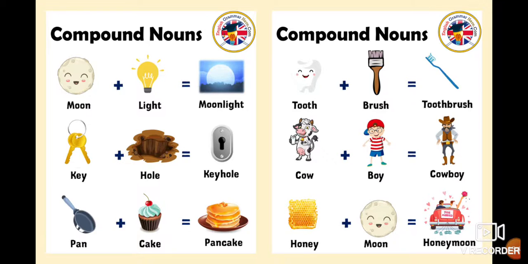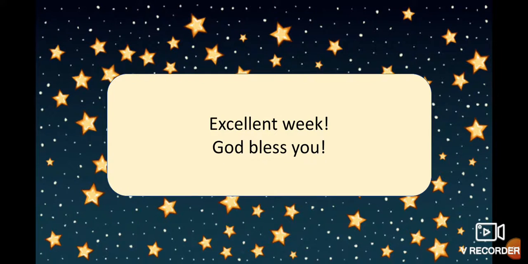Tooth plus brush, toothbrush. Cow plus boy, cowboy. Honey plus moon, honeymoon. All of these are compound nouns. Let's repeat: moonlight, keyhole, pancake, toothbrush, cowboy, honeymoon.